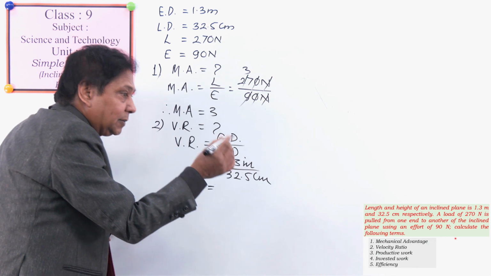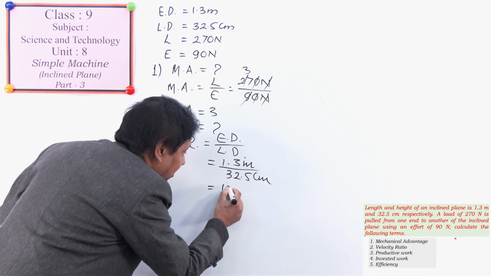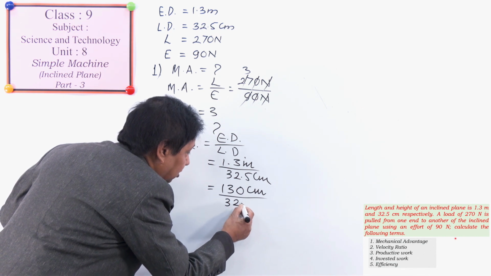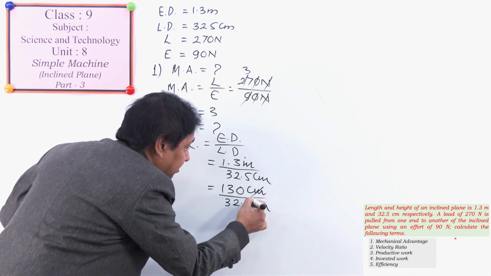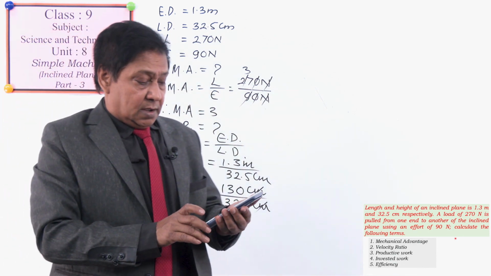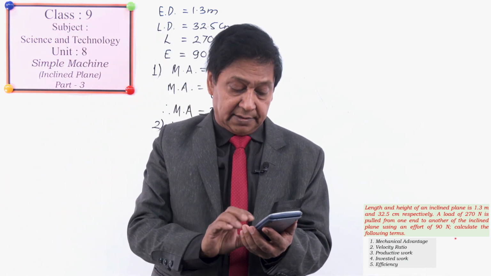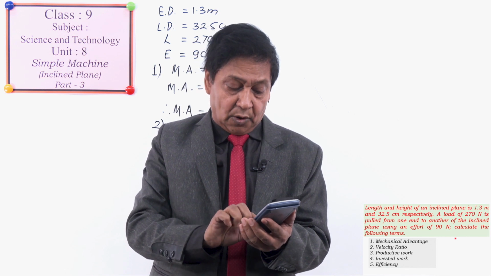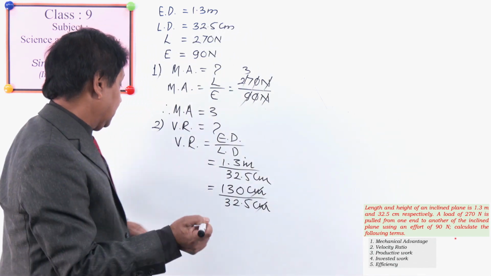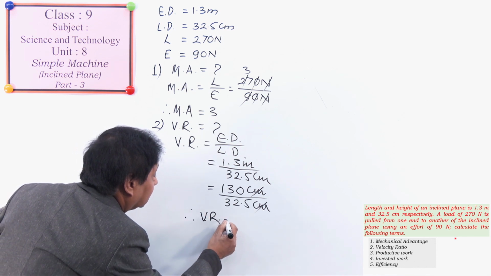If 1.3 is multiplied by 100, then it comes in centimeter. So we will get 130 centimeter, divided by 32.5 centimeter. Now centimeter cancel. Now I am using the calculator. If we divide 130 by 32.5, this is equal to 4. Velocity ratio is 4. Therefore, I can conclude VR is equal to 4.